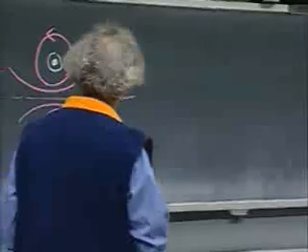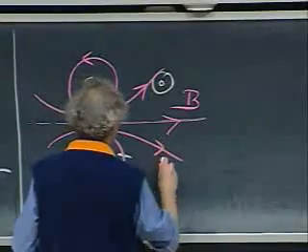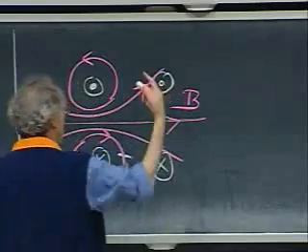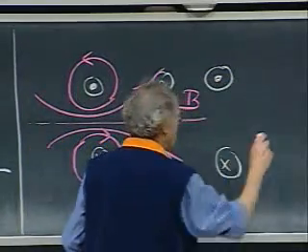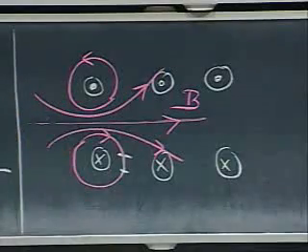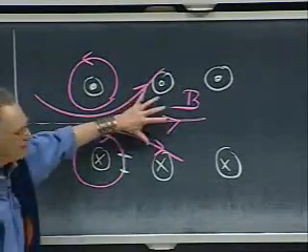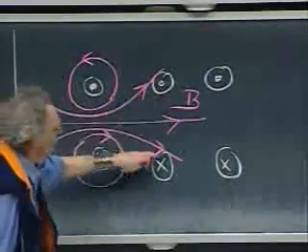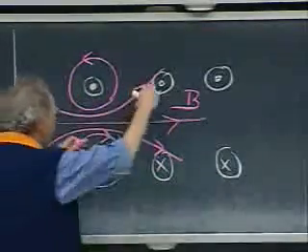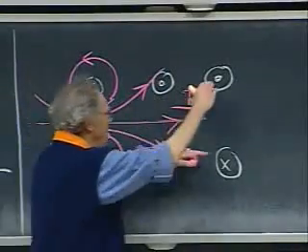But now imagine that you put another loop here, current again coming out of the blackboard and going into the blackboard, and another one, and so on, several. What do you think is going to happen with these magnetic field lines which now diverge? They're going to be sucked in here. This loop also wants the field lines to come through its circle, so to speak, and this one too.